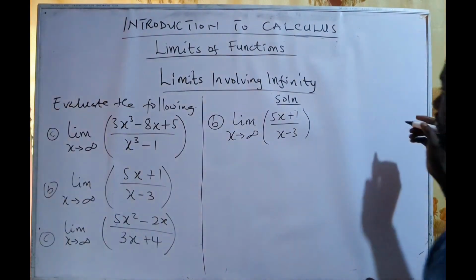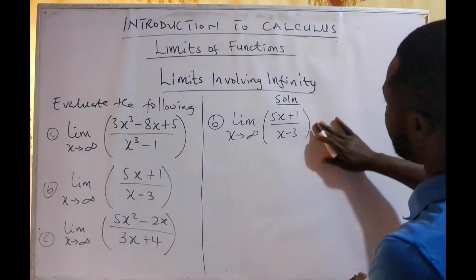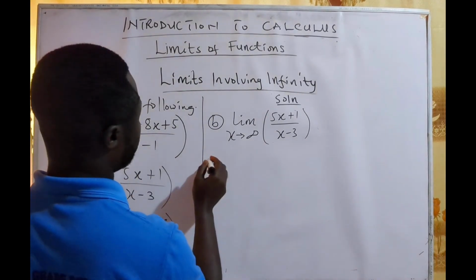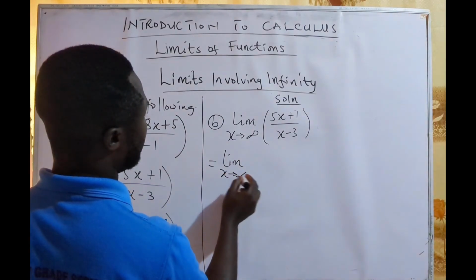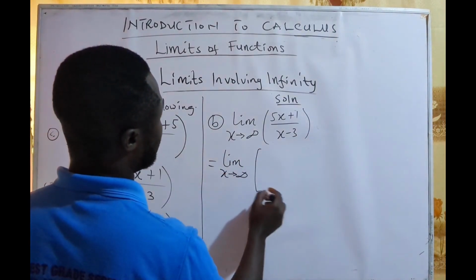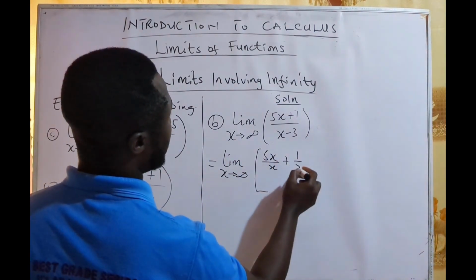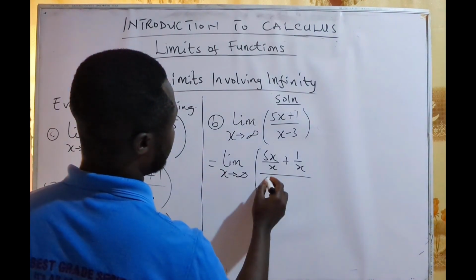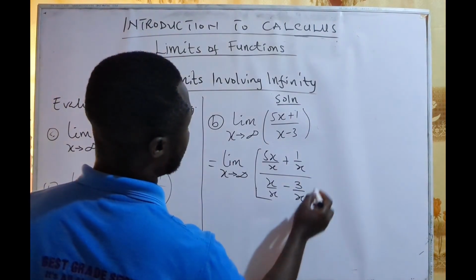By x. Okay, so we are going to have, now let me continue down here. We are going to have the limit as s approaches infinity to be 5x over x, 1 over x, all divided by x on x, and then minus 3 also on x.